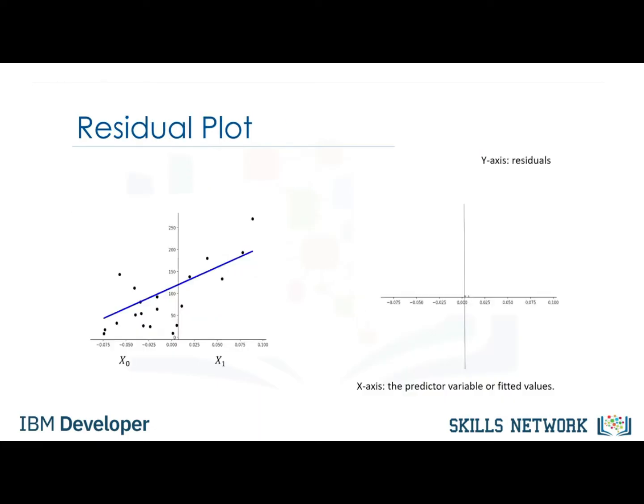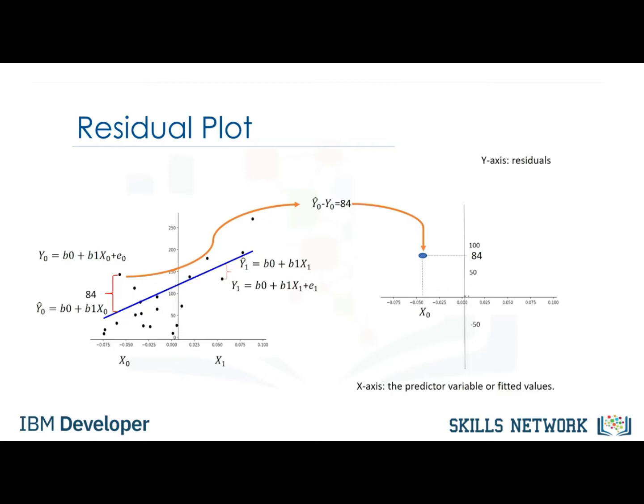The residual plot represents the error between the actual value and the predicted value. Examining the predicted value and actual value, we see a difference. We obtain that value by subtracting the predicted value from the actual target value. We then plot that value on the vertical axis with the independent variable as the horizontal axis.